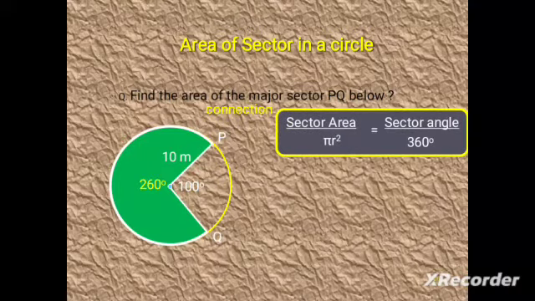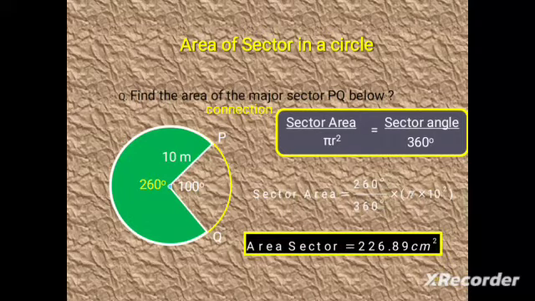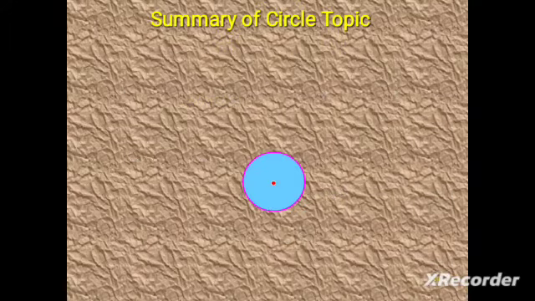And so, substituting into the formula, we have 260 over 360 times pi times 10 squared, and we have the area of the sector to be 226.89 square centimeters.